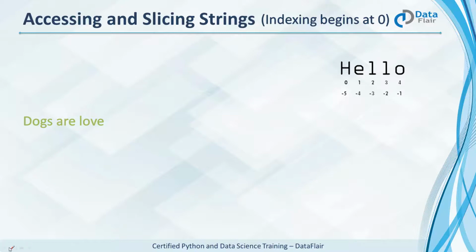Let's take some more examples. Indexing left to right starts at 0. But right to left it goes -1, -2, -3, and so on. From beginning until before the second last character, it gives us dogs are LO.